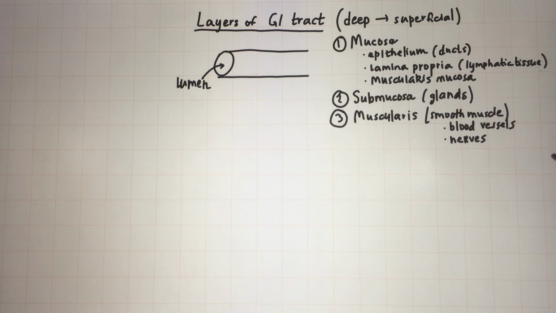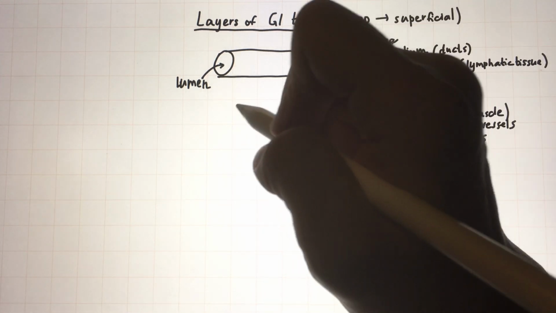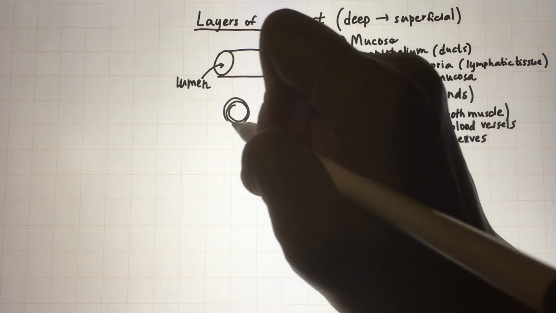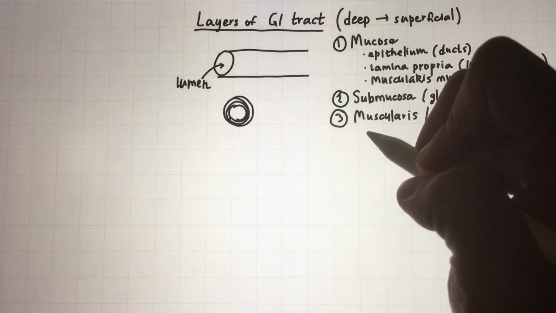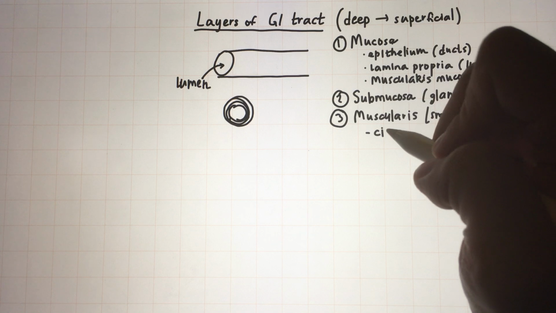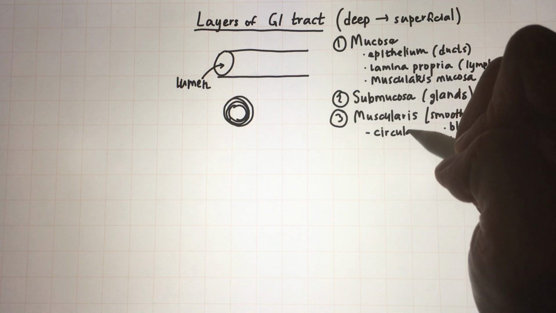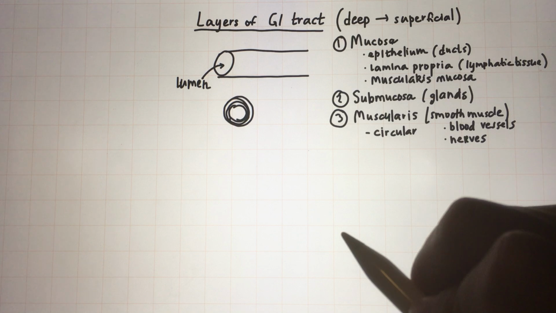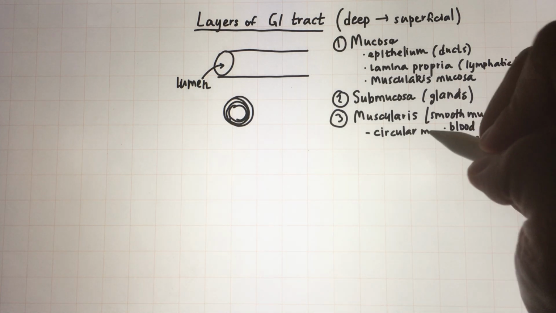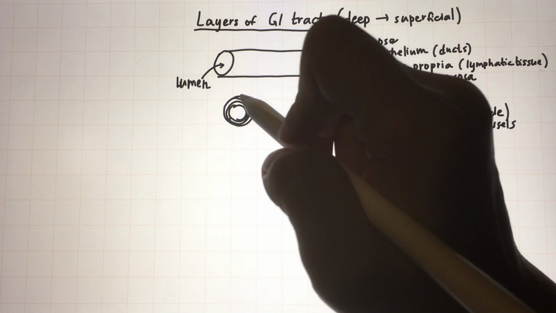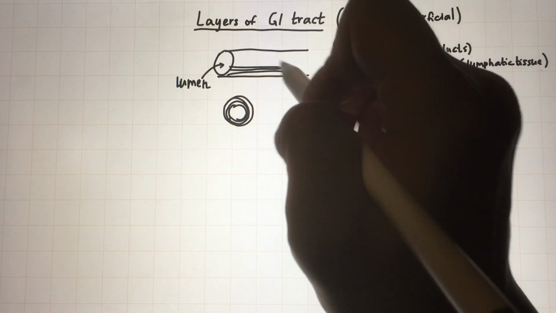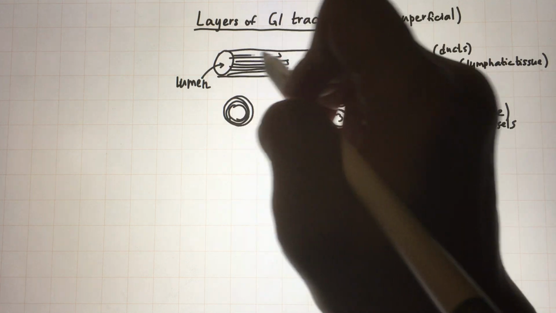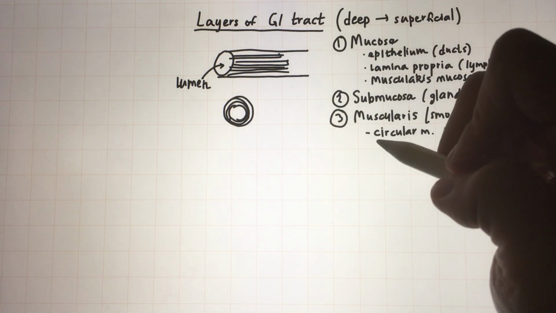The muscularis is made out of two layers of muscle. The deepest muscle that goes around in a circle is called the circular muscle. And then the second layer of the muscle of the muscularis is the muscle that travels along the length of the GI tract structures, and this muscle is called the longitudinal muscle.